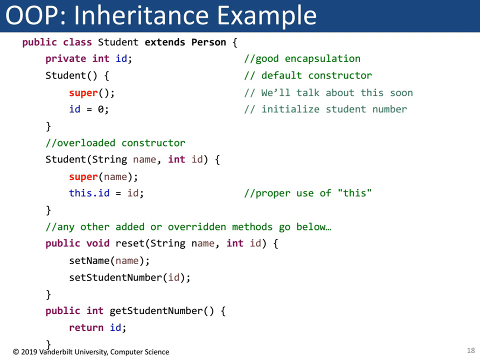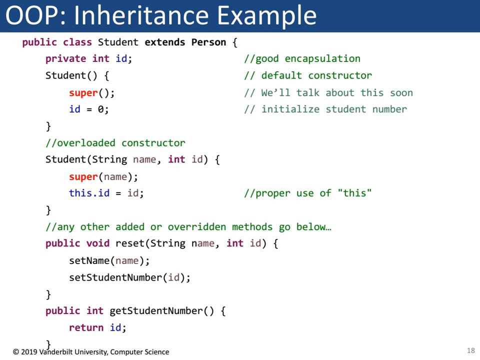Now, when we are writing our student class, we would write it in the following way. Public class Student, similar to what we've seen previously, but then we use the extends keyword to say we want to inherit all of the methods and fields from Person. Then we declare a student ID as a private instance variable.